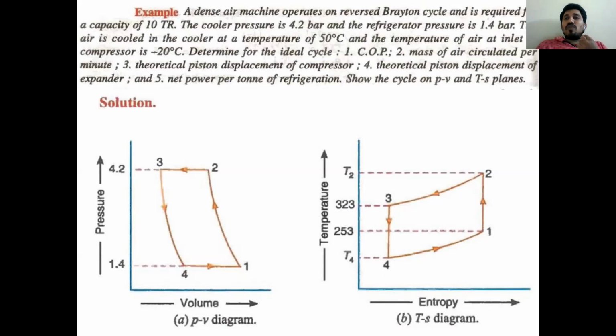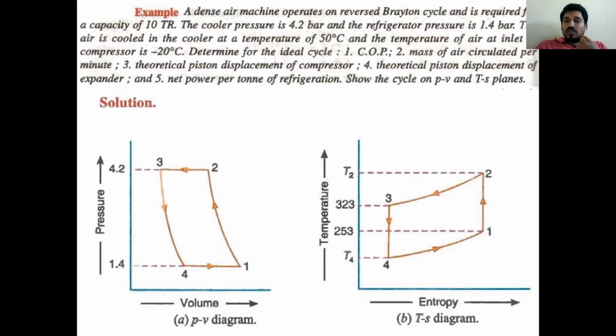Now we'll go for the temperature entropy diagram, the TS diagram. 1-2 is an isentropic process. See all of you, I have prepared a vertical straight line. 1-2 isentropic compression: pressure rises, temperature rises, S1 is equal to S2, no change in entropy. 2 to 3 constant pressure heat rejection, where pressure is constant; when heat is rejected, temperature automatically drops along with volume.